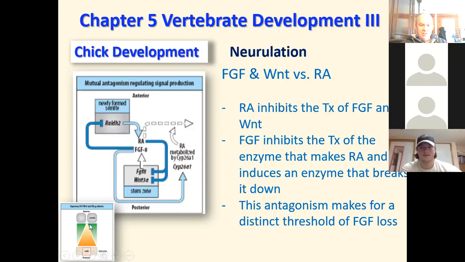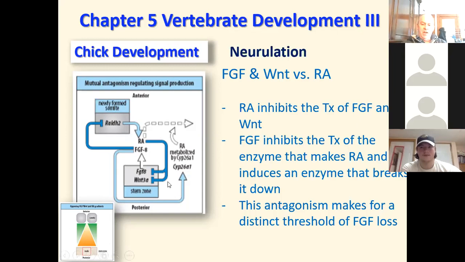So that gives us this kind of distinct threshold of FGF concentration, because you've got two overlapping gradients that inhibit each other, and so you get a really sharp demarcation.